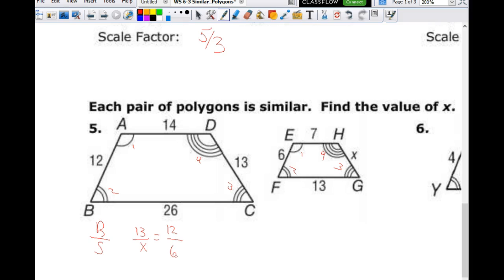Which one can I reduce? 12/6, which is the same as 2/1. Now I can cross multiply. 13 times 1 is 2 times x. Divide both sides by 2, and we get 6.5 is equal to x.